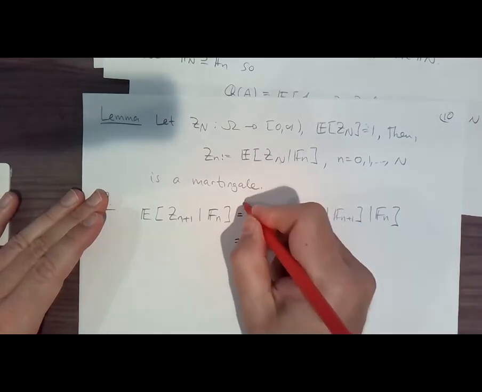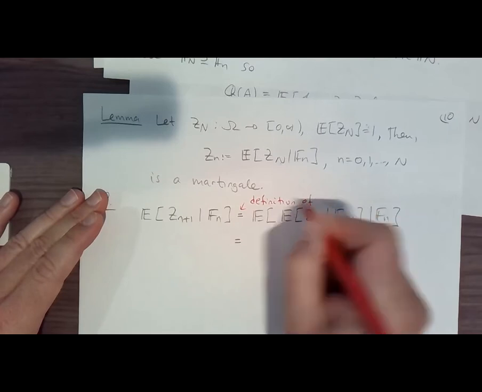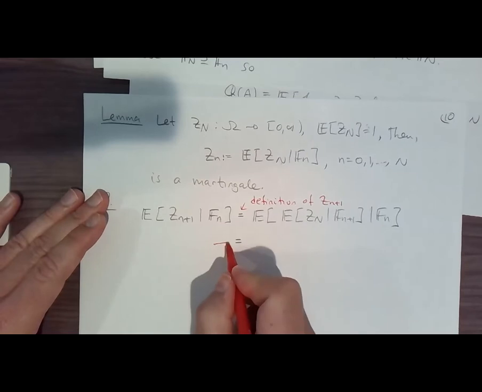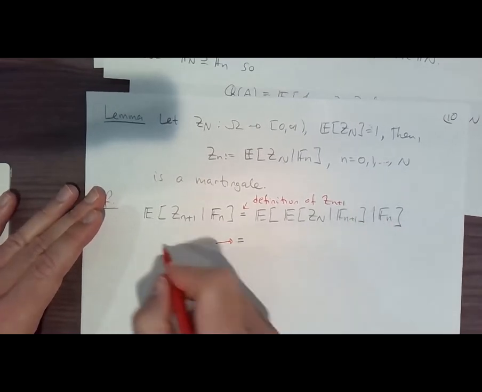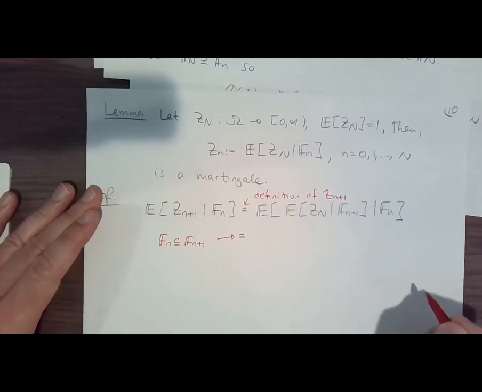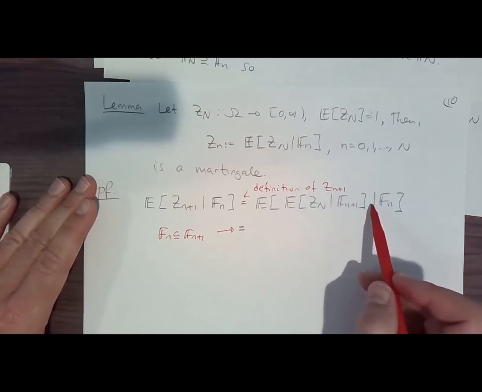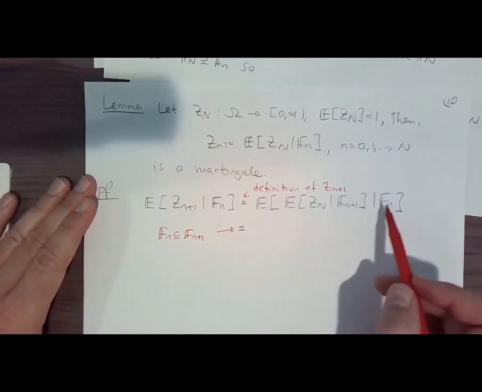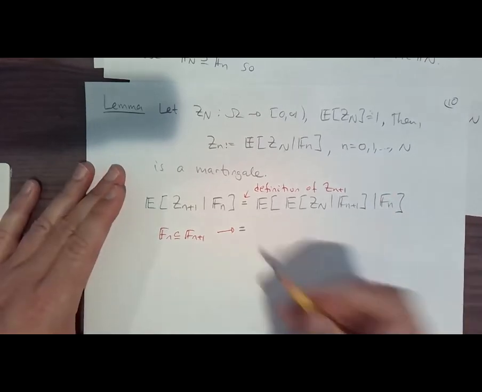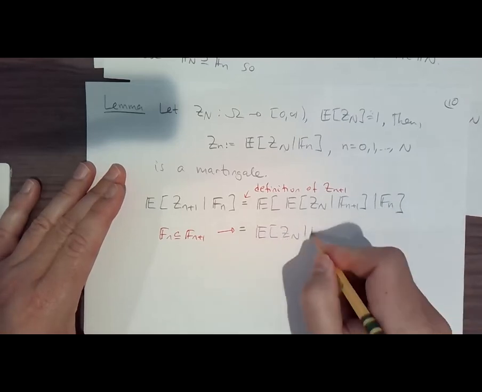So the first one here, this was the definition of Cn plus 1. The next one here is going to use the property that Fn is inside Fn plus 1. So when I have two conditional expectations sitting next to each other, the smallest one wins. The smallest one here is Fn. So here I'll have E, then it'll be Cn given Fn.